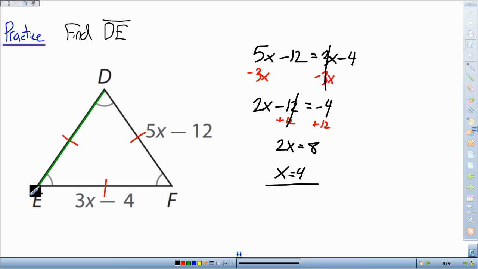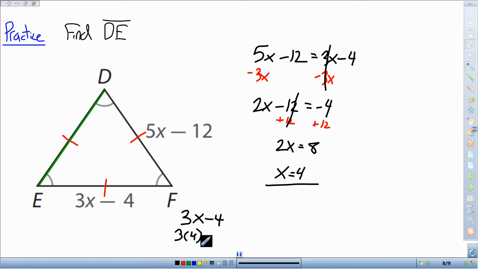We don't have anything to plug in for DE, but we know if we plug it into either one of these other sides, we'll figure out that length, and they're all congruent. They'll be all the same length. You can plug it into either one of these. I'm actually going to choose to plug it into this one because I like the numbers. They're a little bit smaller. So I'm going to plug it into the 3x minus 4, and I'm going to plug in 4 for x.